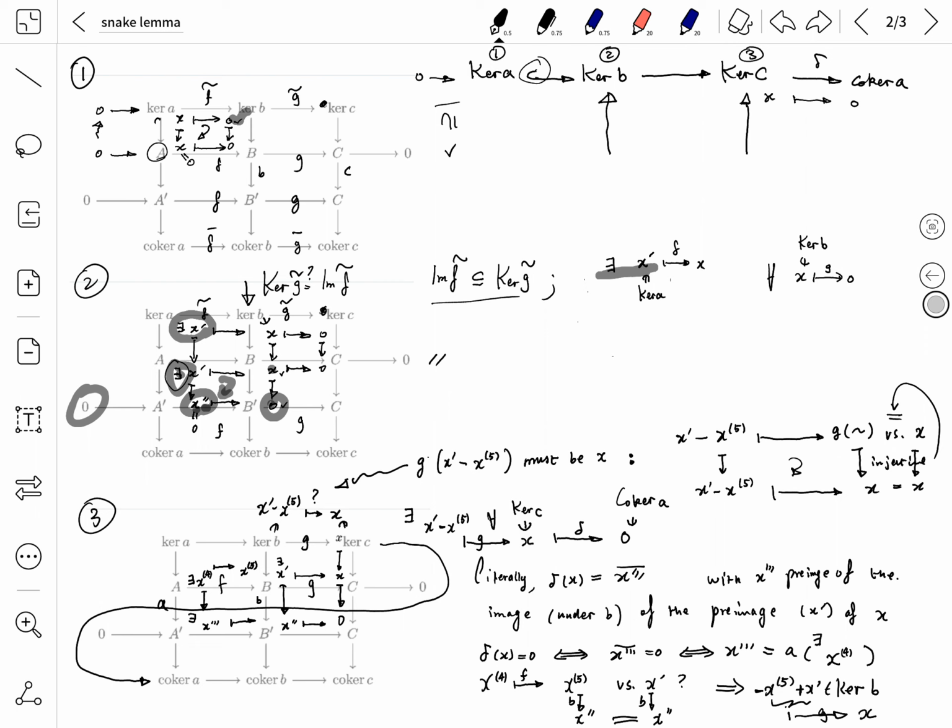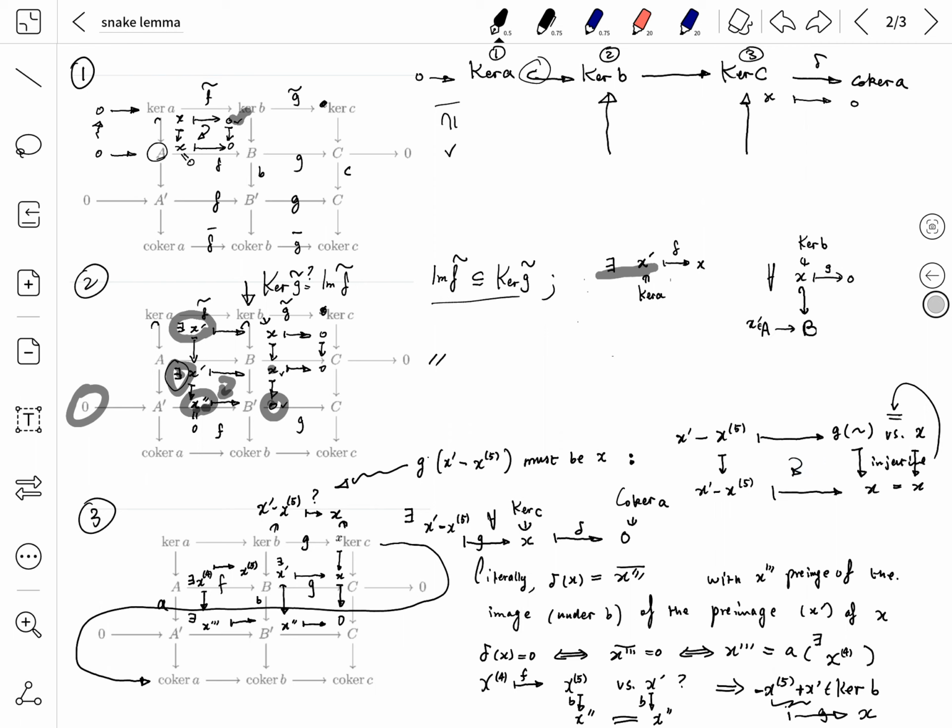Because kernel is just an injective map into your... just see it differently. So you regard your x as an element of B, because you need the kernel, and then inside B you could find an element in A that is mapped to x.